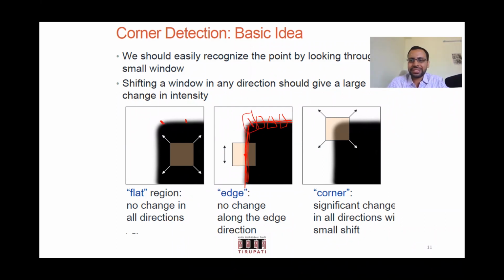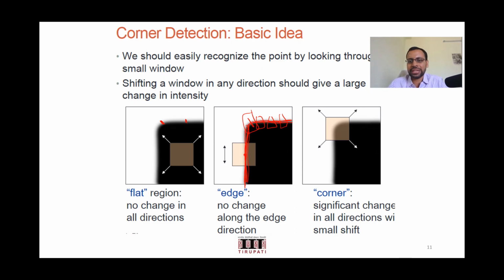In other words, that point should have gradients or uniqueness in terms of its surroundings in both x and y directions. Then that's a good candidate. You call it a corner here because this has nicely carved out like this.